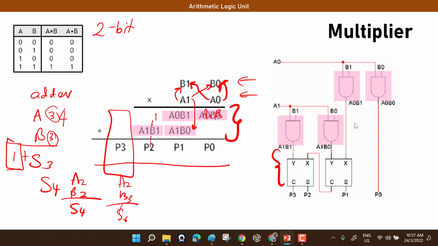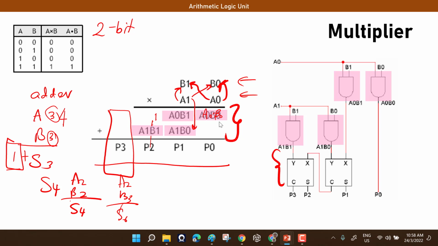Then there are A1 B0 and A1 B1. Then you can see this element would straight away be the resulting product P0, because you wouldn't have anything to add on here. So it can be pulled directly to become product 0.